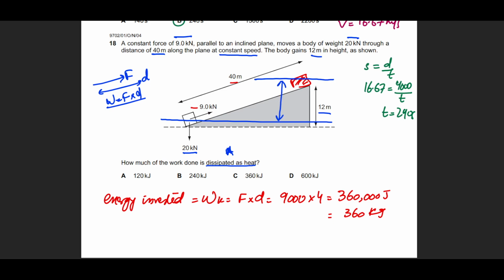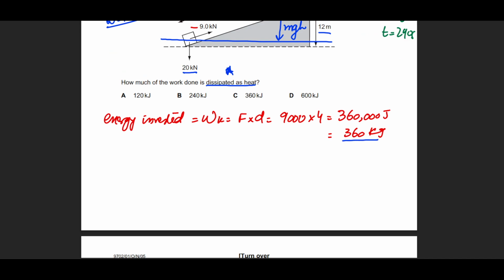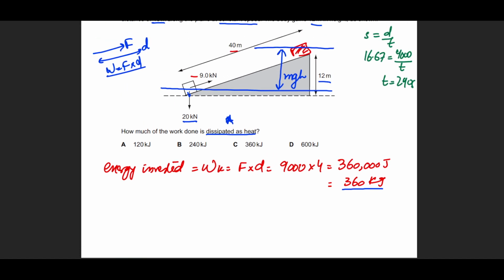There is an extra energy added into the system as mgh. So you've invested 360 kilojoules into the system, and it has manifested itself in two things. First, it has gained some height, and second, there must have been some friction with the box. So that extra energy has been used to overcome the friction. That is what he's asking you.